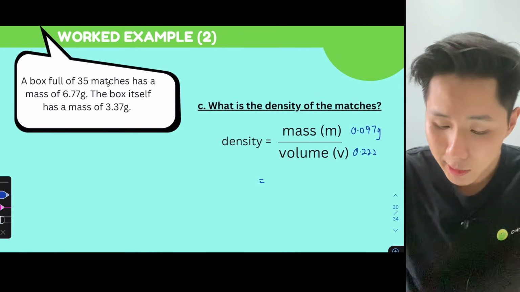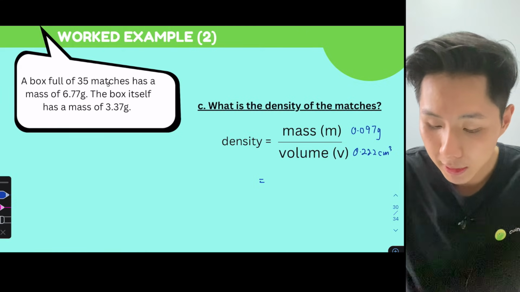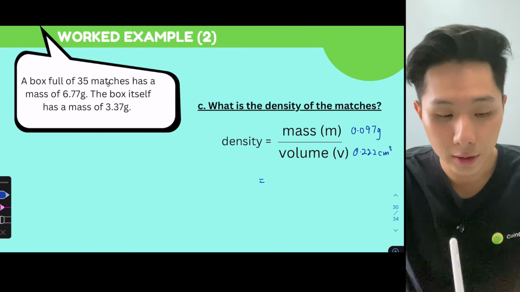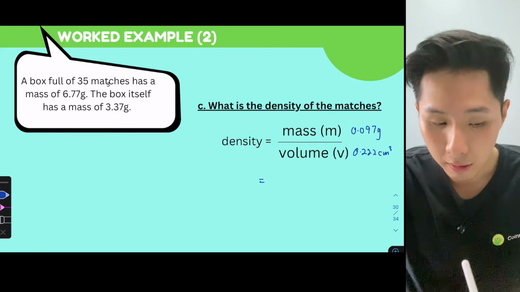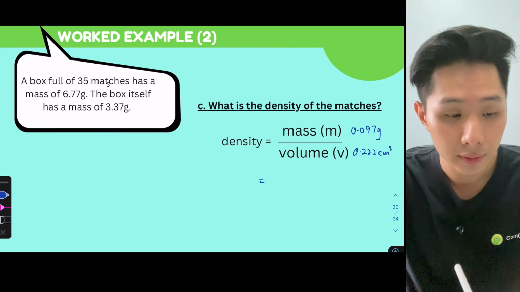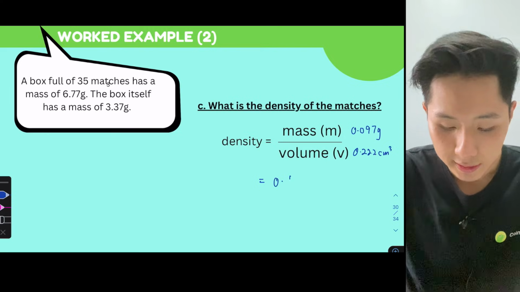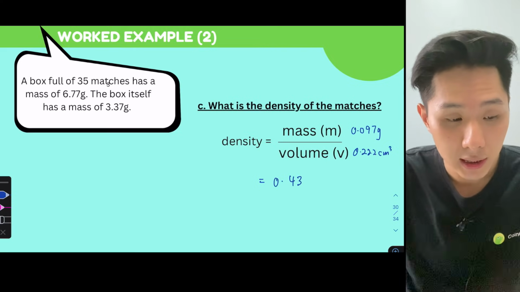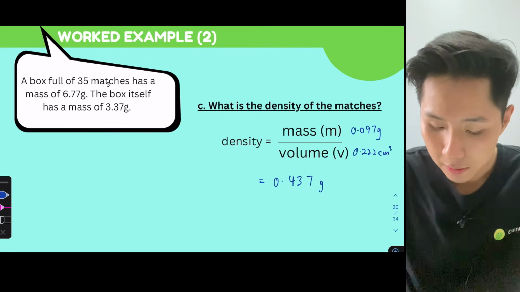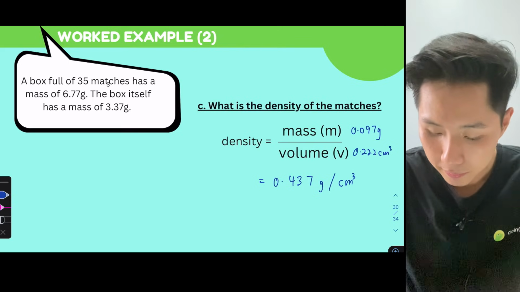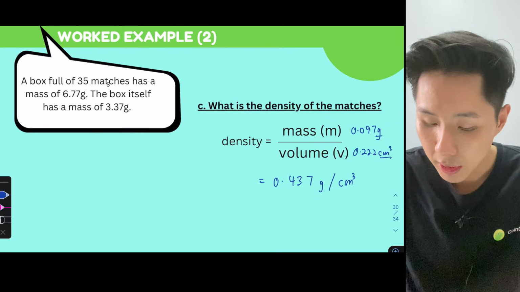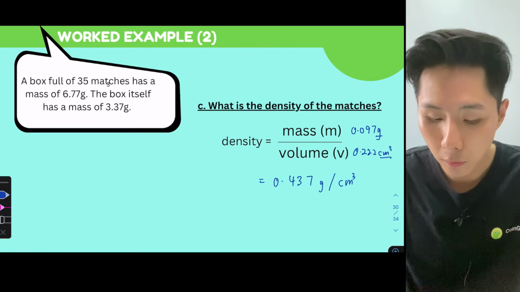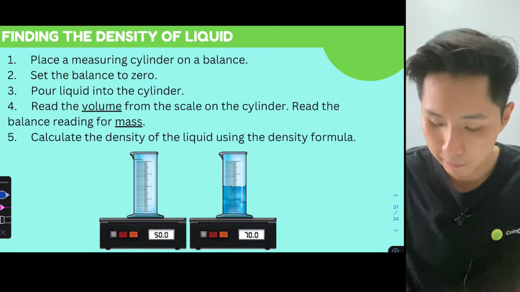So again, I just plug the values into the formula and use my calculator to calculate the density of my match. So here we have 0.437 gram per cm cube. Remember to follow the unit of mass and volume.